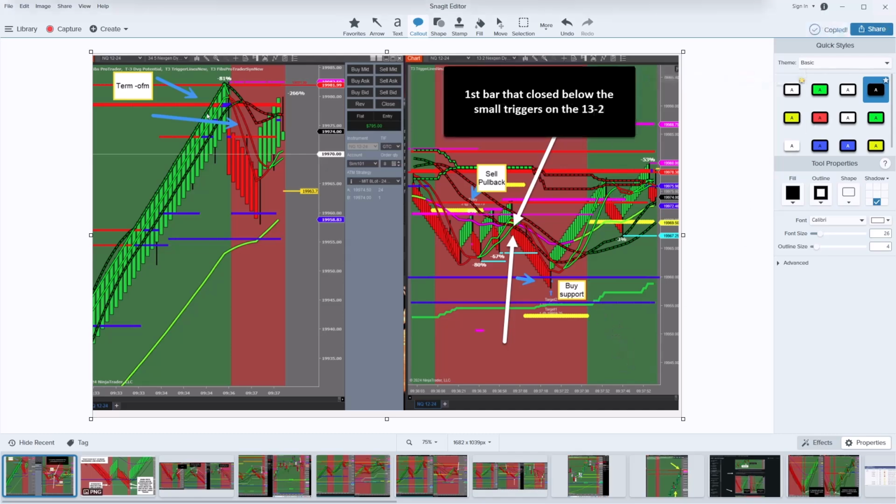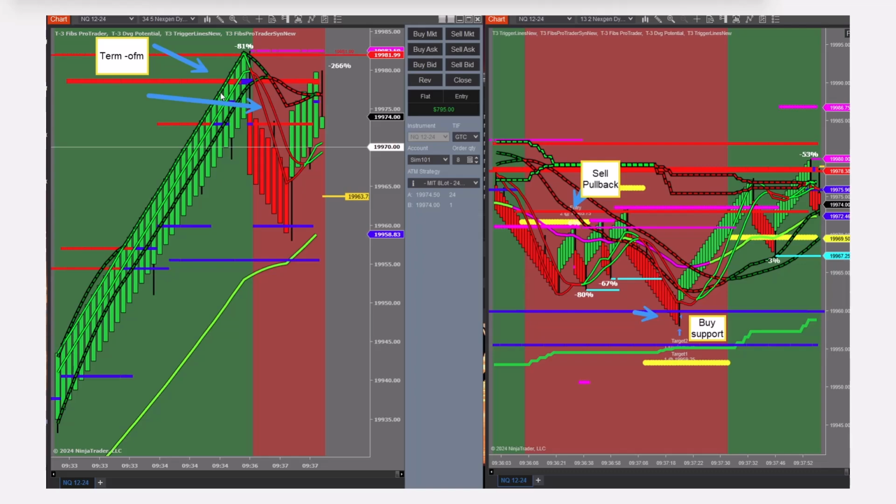Anyway, I don't mind trading at areas. Nothing wrong with that, so I'm not digging it. I think it's fine. But this bar was the first one that really closed below the small triggers, which made it a little bit easier. I had to do that trade twice, so it is what it is.